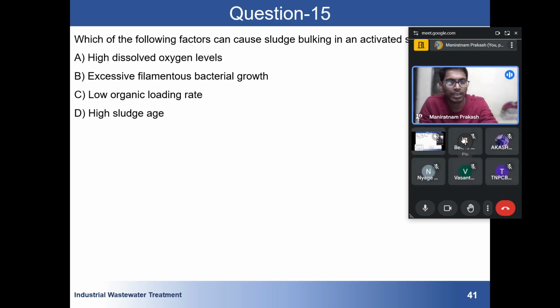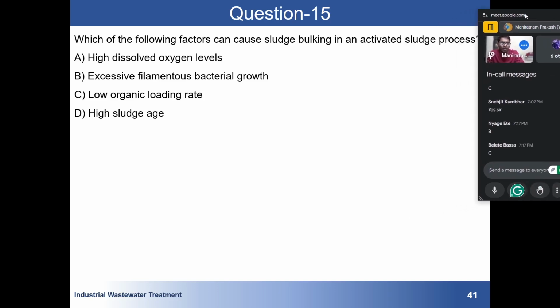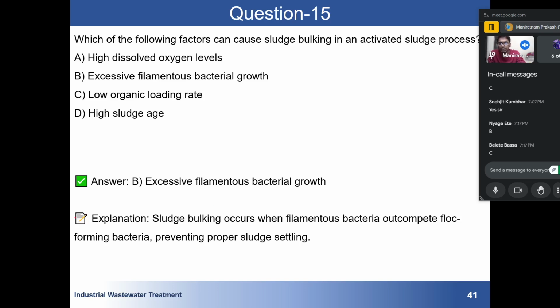B. We have got one answer. B, excessive filamentous growth. C, low organic loading rate. We have got two answers. The correct answer is B, that is excessive filamentous bacterial growth.